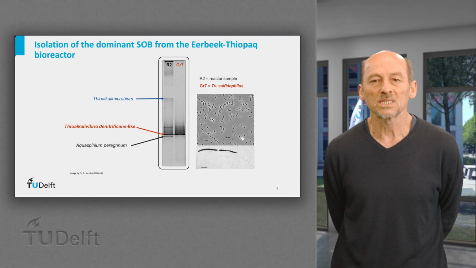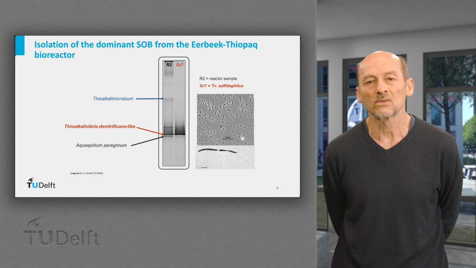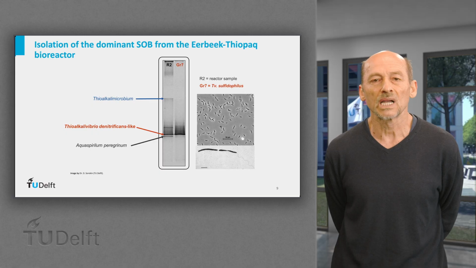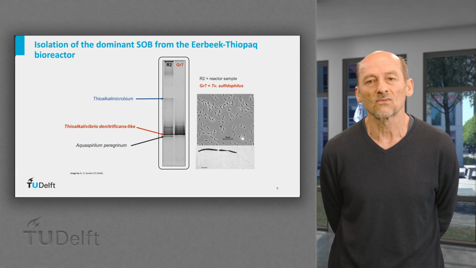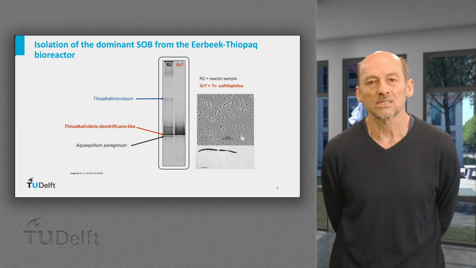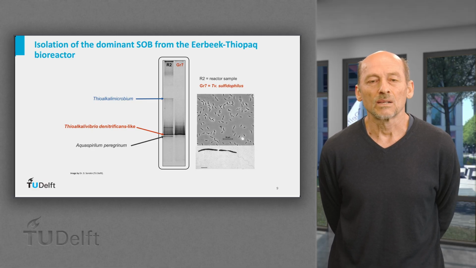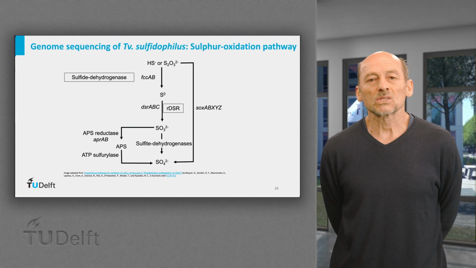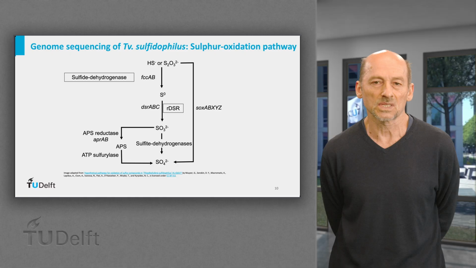The bacterium was classified as a new species within the gammaproteobacterial genus Thioalkalivibrio, which includes obligatory autotrophic sulfur-oxidizing haloalkaliphilic bacteria occurring in soda lakes worldwide, but never before identified in industrial systems. It was named Thioalkalivibrio sulfidophilus. The Thioalkalivibrio sulfidophilus genome encodes a hybrid pathway for oxidation of sulfur compounds.